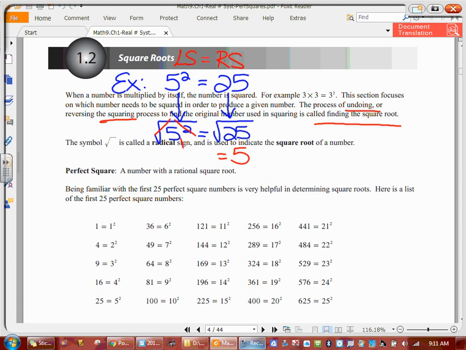That works with every perfect square. So if I take the perfect square of, let's say, 169, and that's going to equal the square root of 13 squared. They cancel. The answer of this guy is 13. Okay?